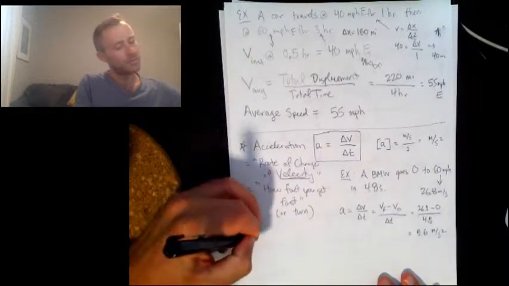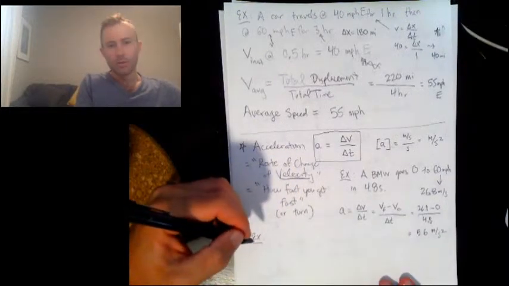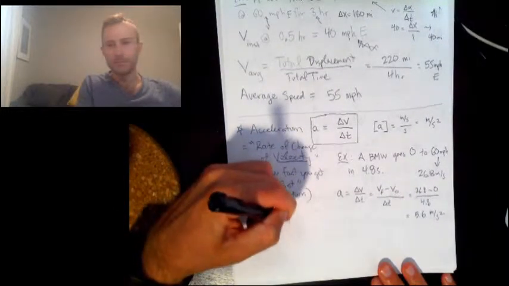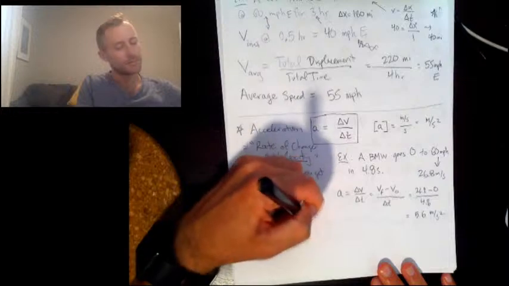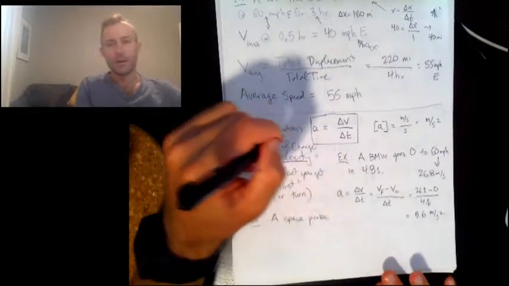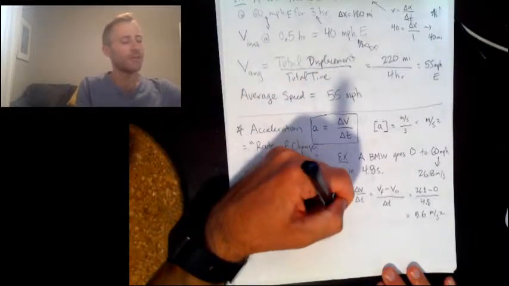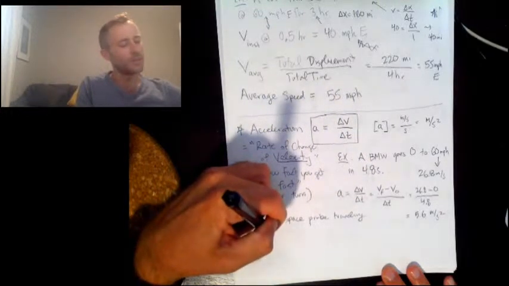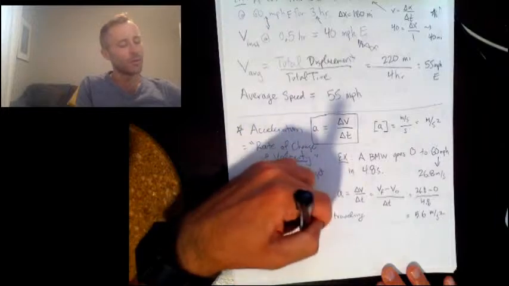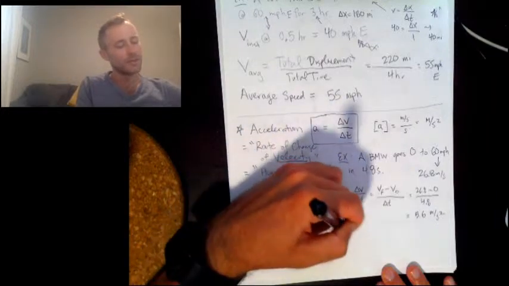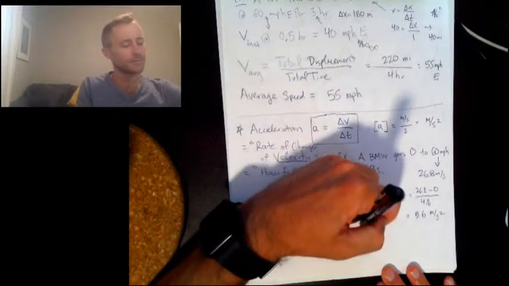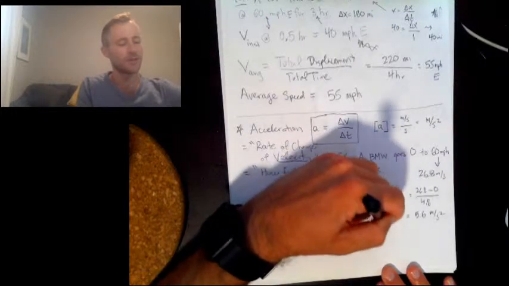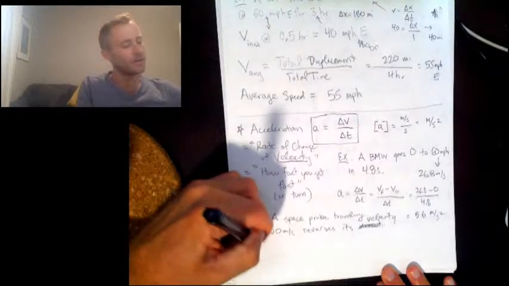Let's do another example. What if we have a space probe traveling at 100 meters per second, reverses its direction, or I should say reverses its velocity, in 4 seconds.